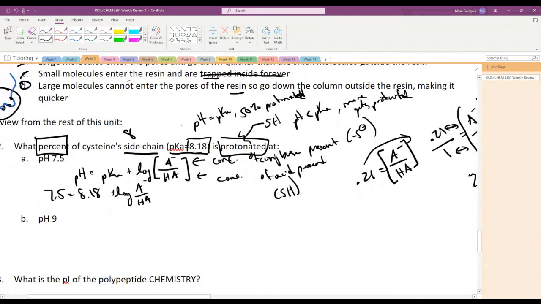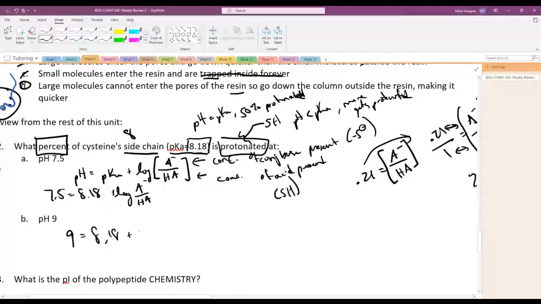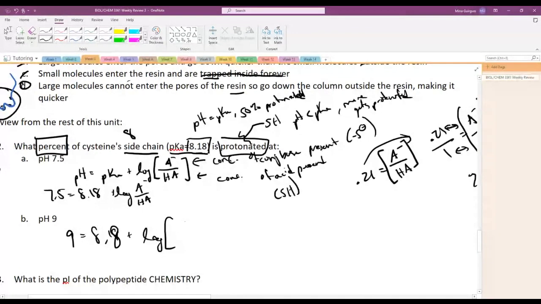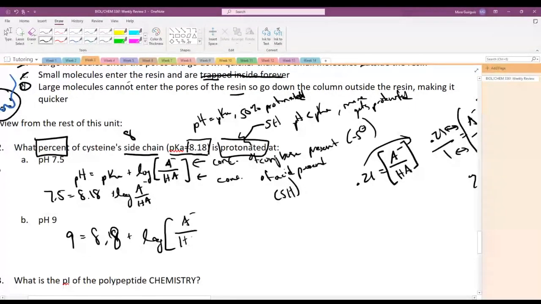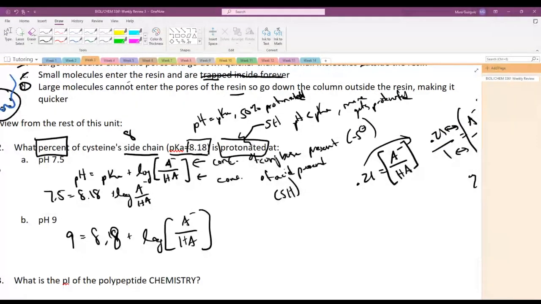Okay. And now that we've gone through that, we're going to go a little bit more quickly through 12B with the pH of 9. So 9 equals 8.18 plus the log of A minus over HA. Once again, subtract, undo the logarithm. 9 minus 8.18.